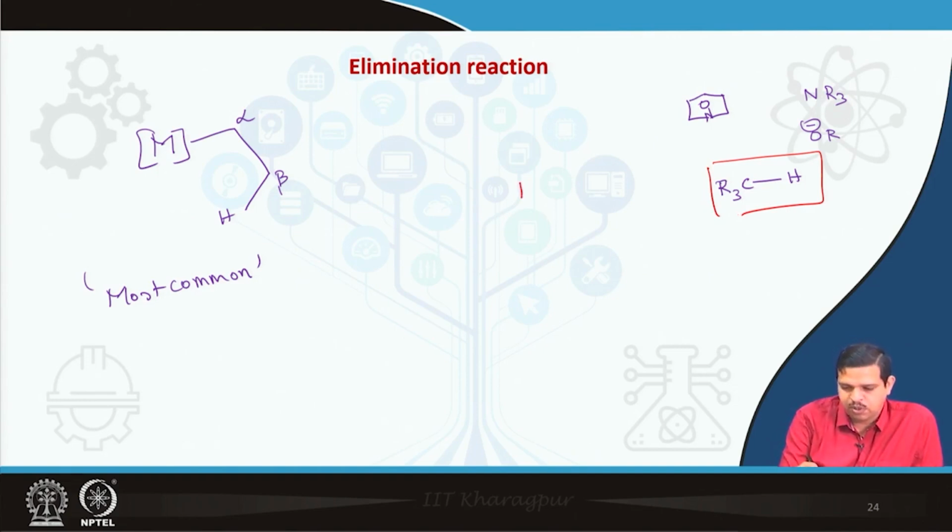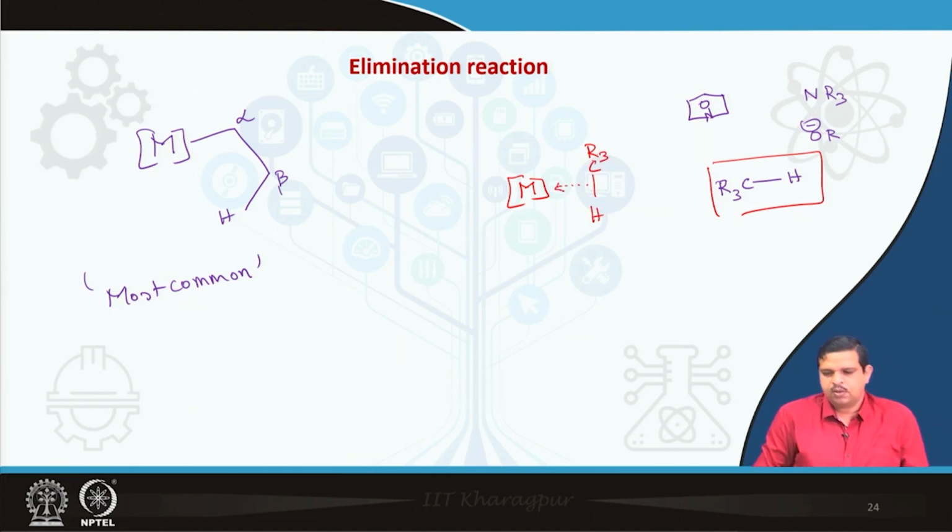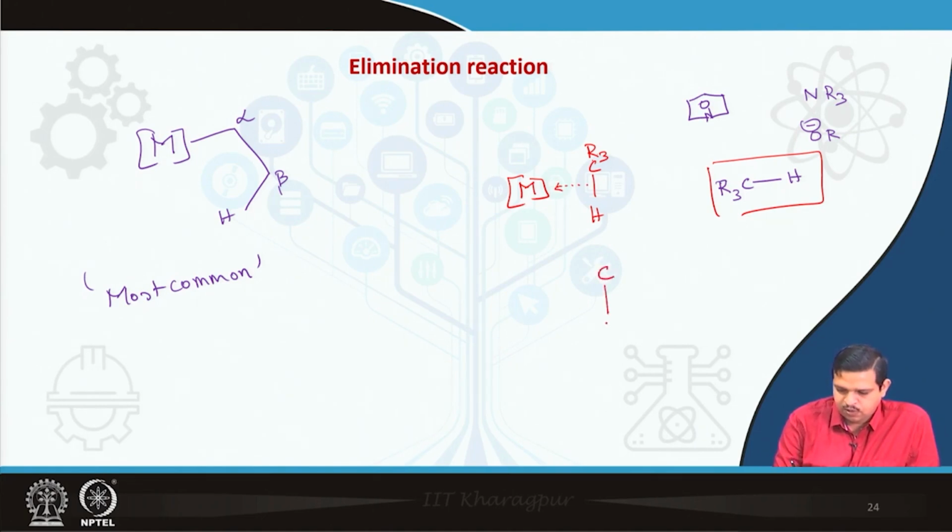How is it possible? You know that this CH, I am writing R3, is a sigma bond.